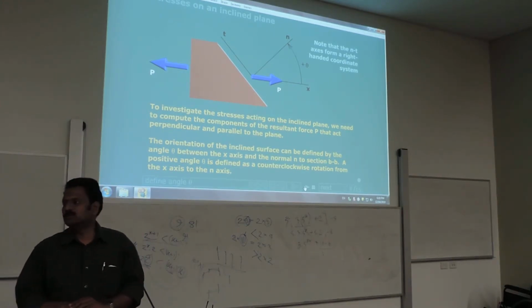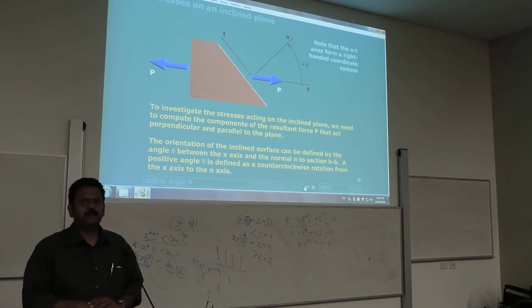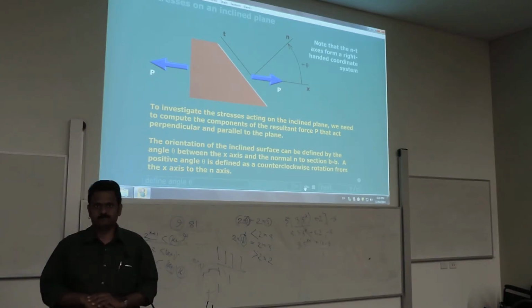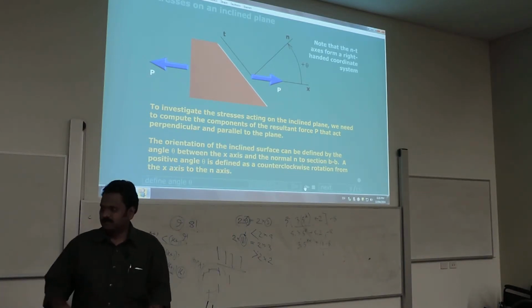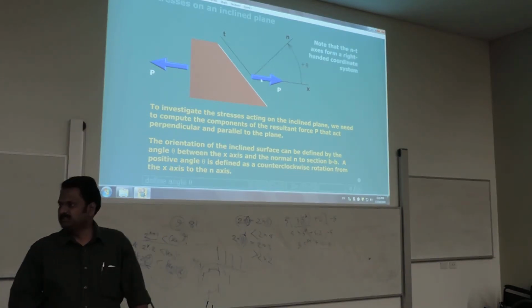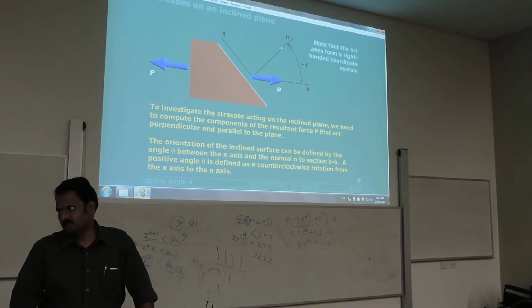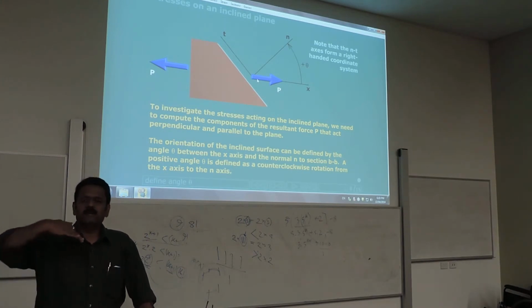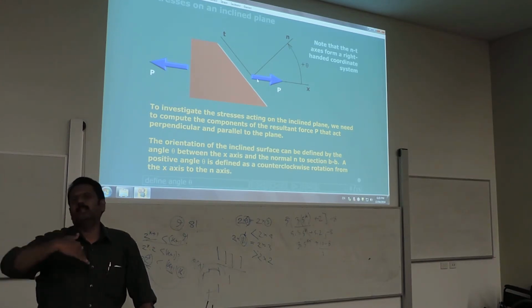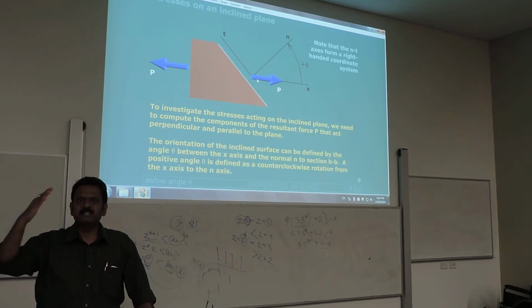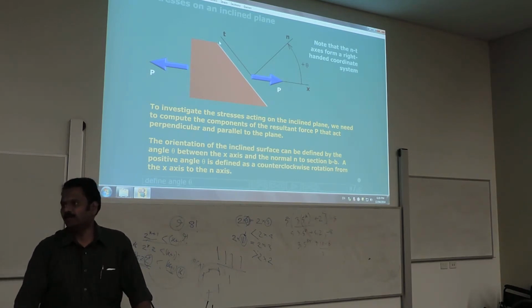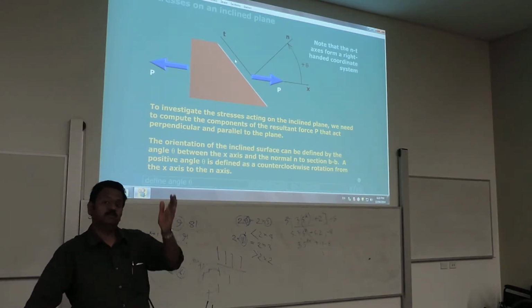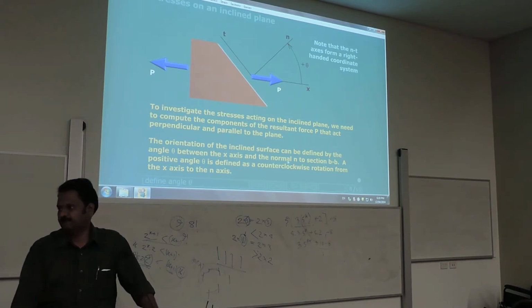We also have the habit of creating something called the normal and tangential coordinate system, so that the force P, which is in fact acting along the positive x-axis, can now be resolved into the perpendicular axis, which is the normal axis, and the tangential axis, which will correspond to the parallel of that face.